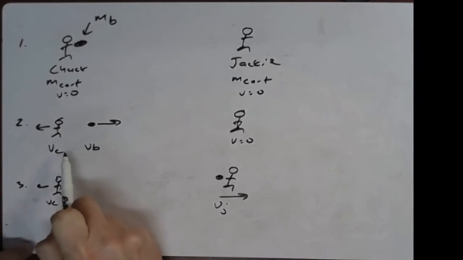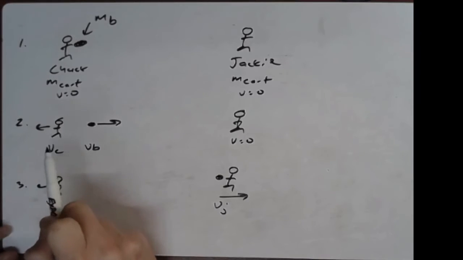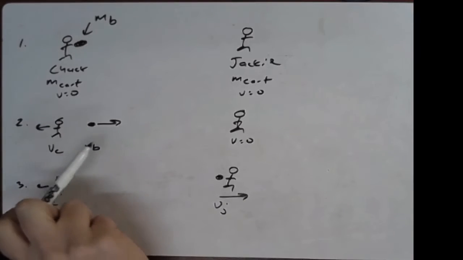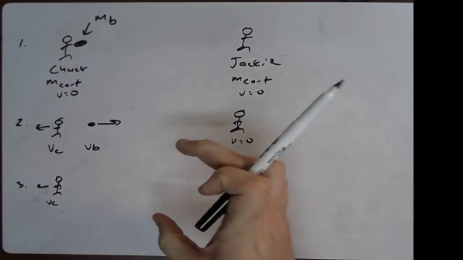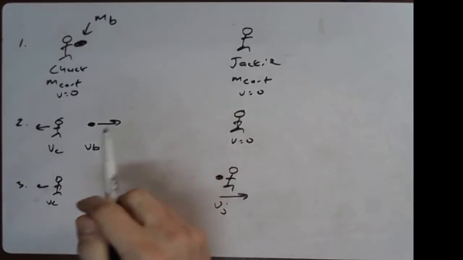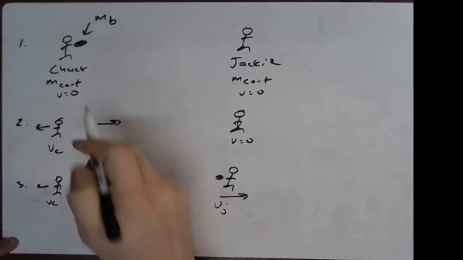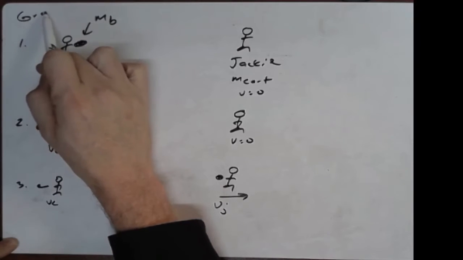Well, according to an observer who's sitting on the ground, Chuck is going backwards at v sub c, and the ball is going forward at v sub b, then they're getting farther and farther apart at a rate of the sum of those two things. So all of this picture is from the point of view of somebody who's sitting still on the ground.